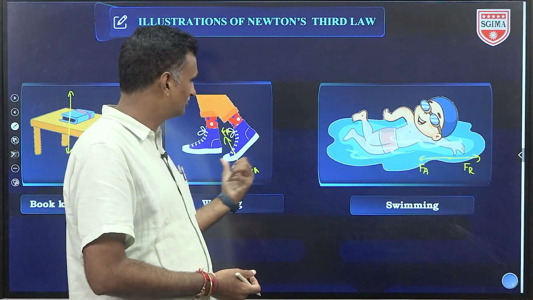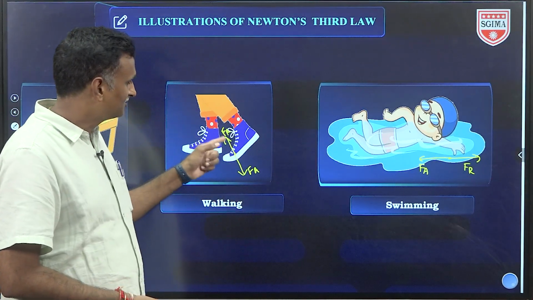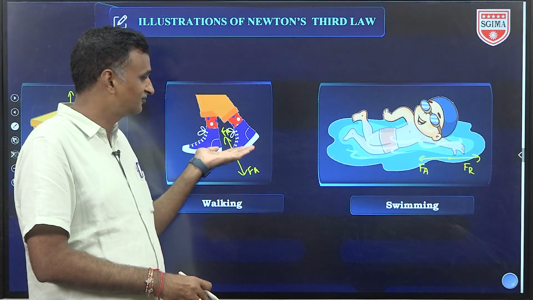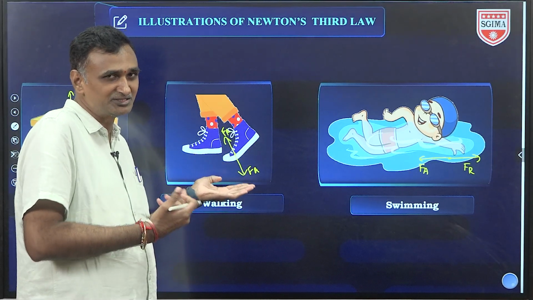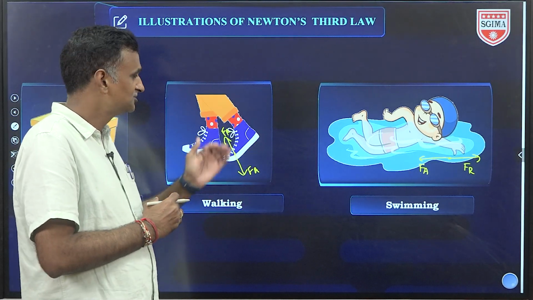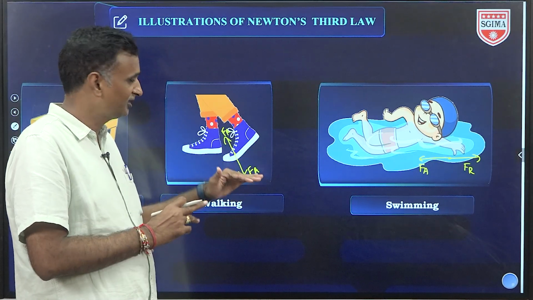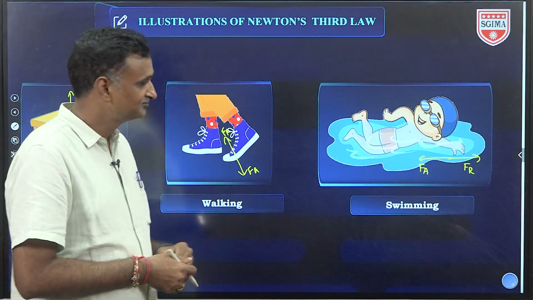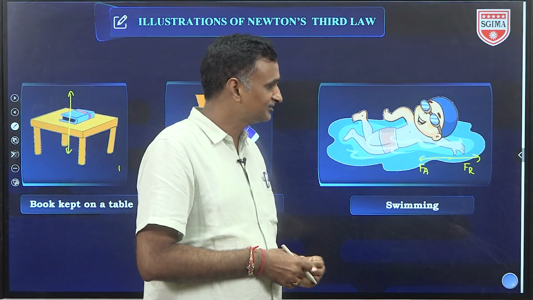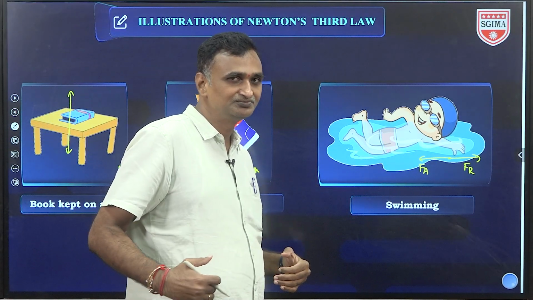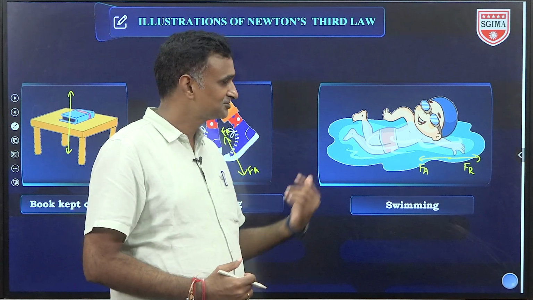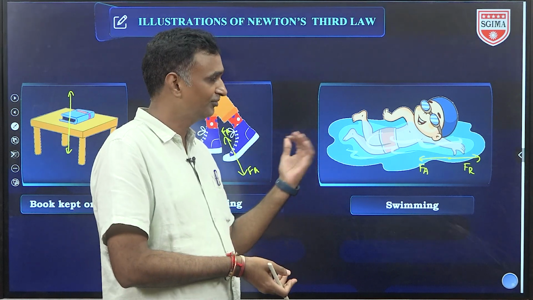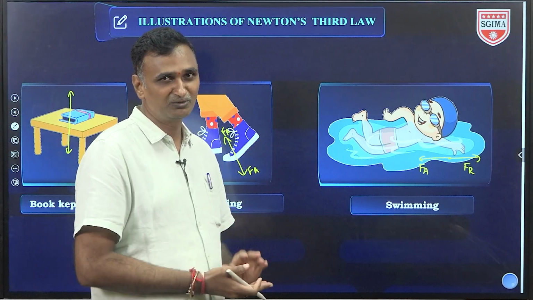In both cases, we apply a force on the ground, one object, and then the ground exerts a force on us, a separate body. So action is exerted on the ground, the first body, and reaction on us, the second body. Similarly, the person exerts a force on the water to push it back, that is action. Then the water exerts a force on us, reaction. So the body and the water are two different bodies.